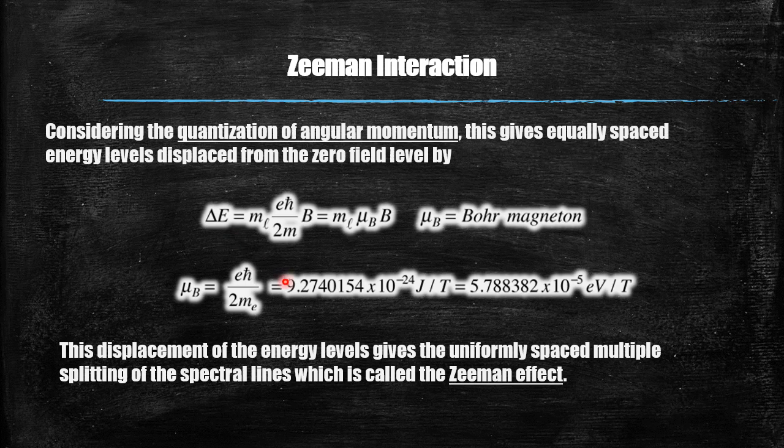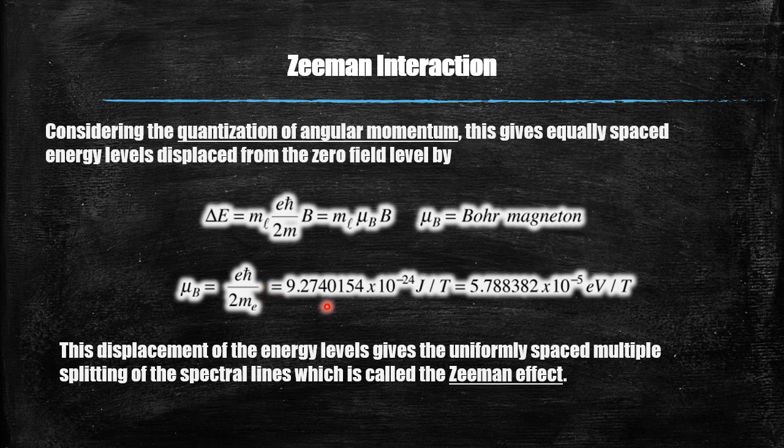Del E is equal to ml e h cross by 2m into B, which is equal to ml mu B into B. So the orbital magnetic moment with respect to the magnetic field is mu B. We can calculate mu B by the Bohr magneton, and mu B is equal to e h cross by 2 m e.